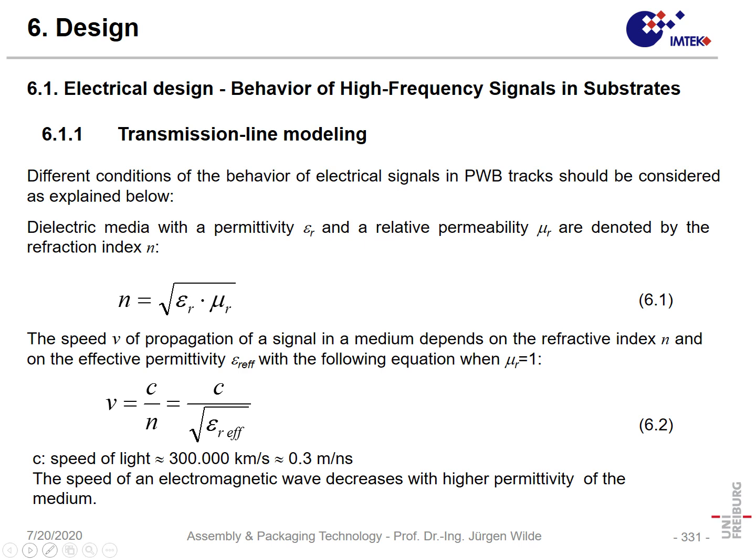Normally we think electronics are fast, but the maximum speed of electronics we can have, or the speed of a signal, can be the speed of light. On the other hand, if an electromagnetic wave is moving inside a medium, that medium in the easiest case is characterized by the permittivity and the permeability.